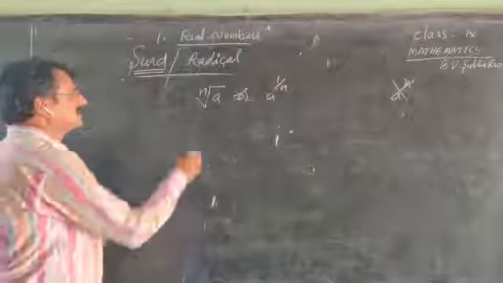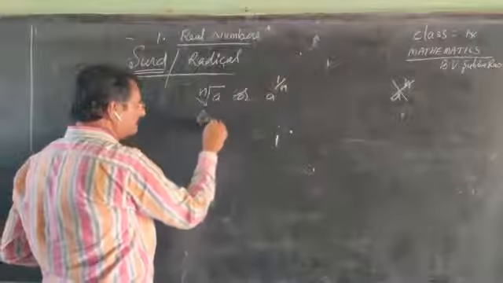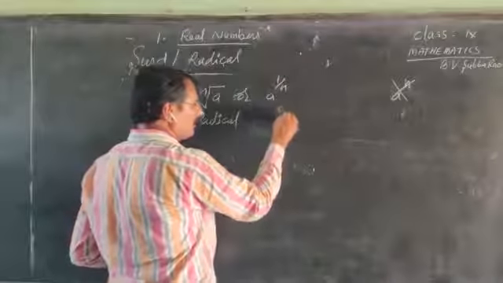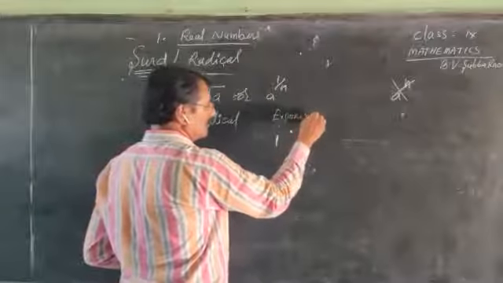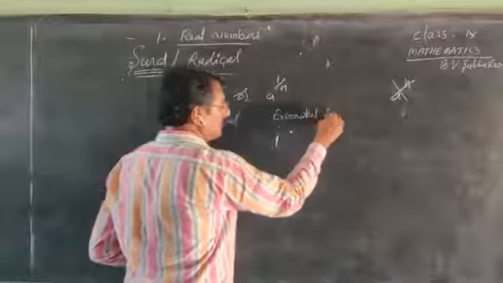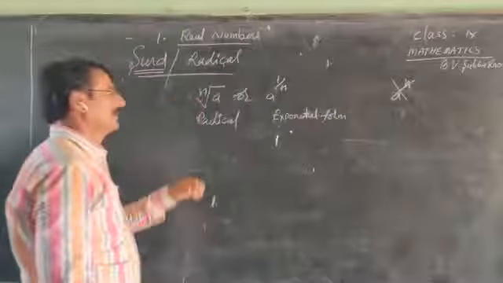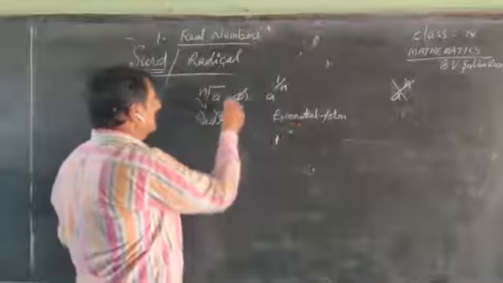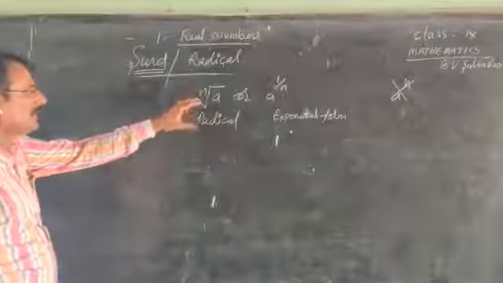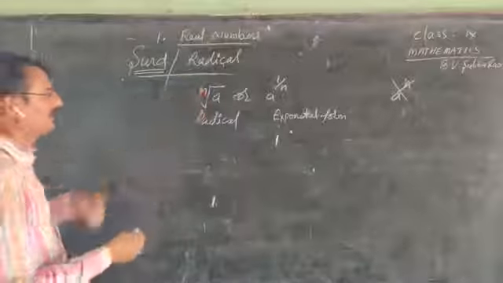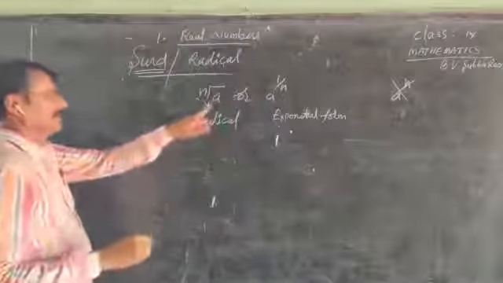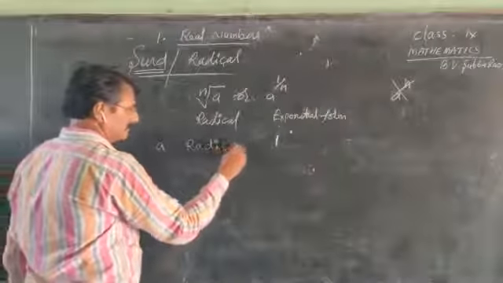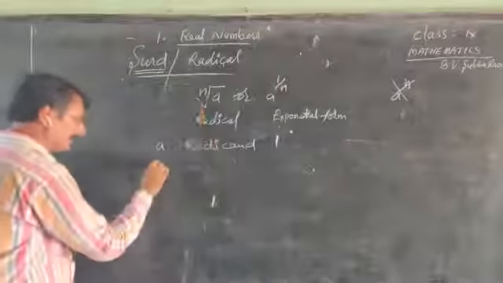One is the radical form, the other is the exponential form. In the radical form, we can give separate names to each term. Here A is called the radicand.